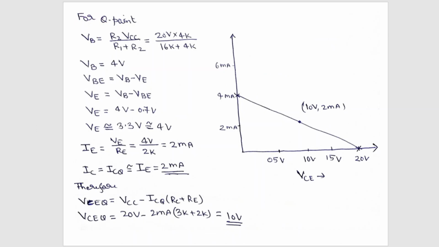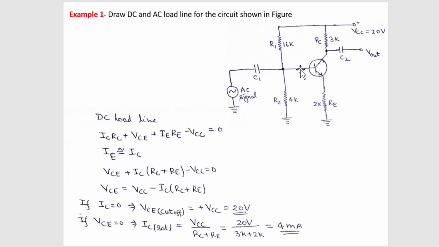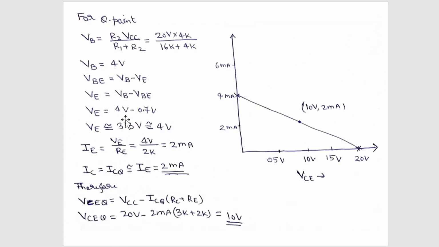We can write VBE, the voltage drop across the base-emitter junction, as VB minus VE, or we can write VE equal to VB minus VBE. We have determined VB equal to 4 volts, and VBE is 0.7 volt.